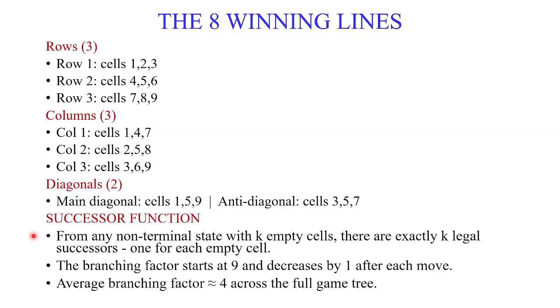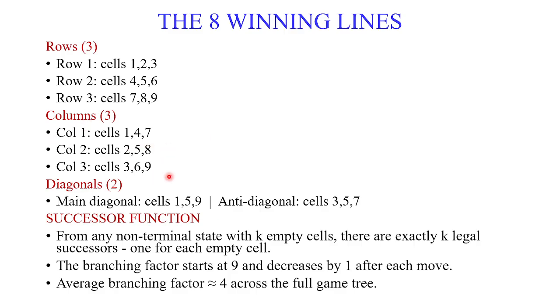Now, let's be even more precise. Cells 1, 2, 3, 4, 5, 6, 7, 8, 9. These are the rows. There are 3 columns: 1, 4, 7; 2, 5, 8; and 3, 6, 9.